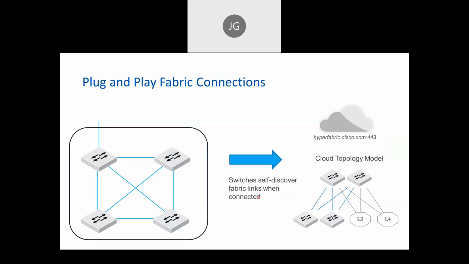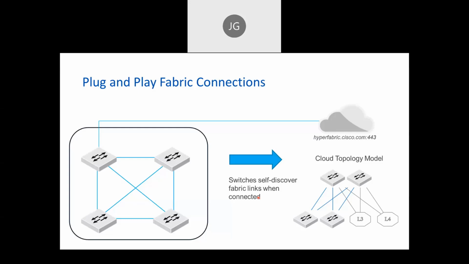Now, the next thing is once you start plugging all these switches in, we are utilizing LLDP on the fabric side to start identifying neighbor adjacencies. And what's beautiful is it starts to self-assemble the fabric. You know what that means for you? No more really confusing trunk configurations between switches, right?